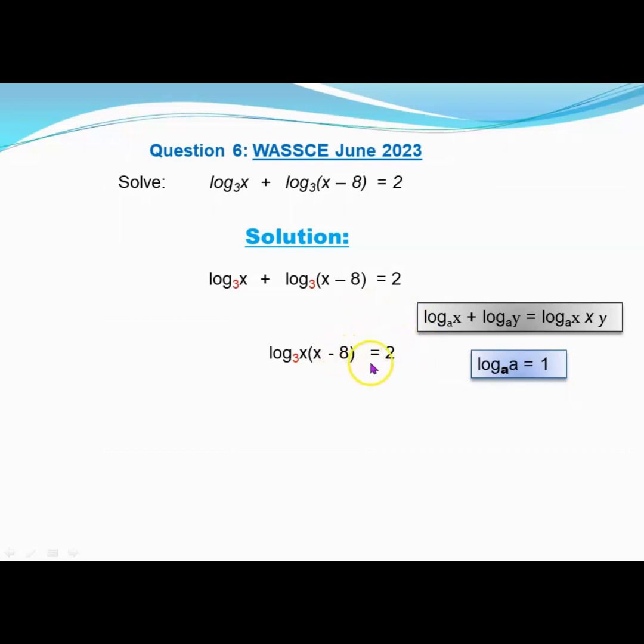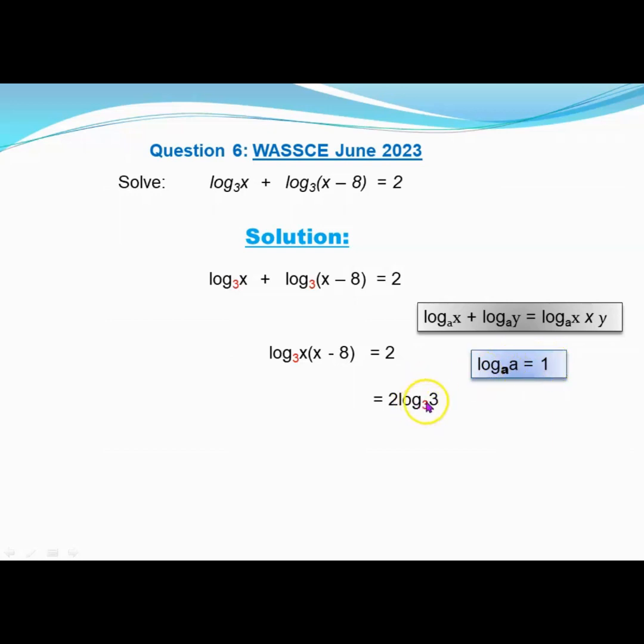right? Now we take this right hand side of the equation to the same base, which is base 3. So that will be equal to this. By this property, if you have log to base 3 of 3, definitely it will be equal to 1, since log to base a of a equals 1.